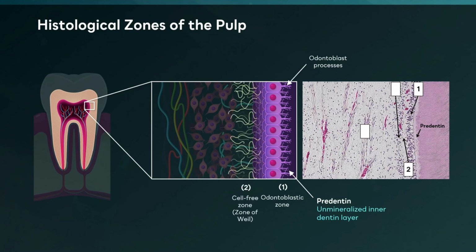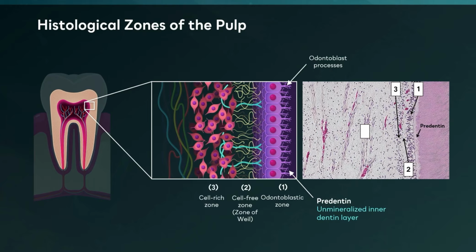Zone 2 is the cell-free zone, also known as the zone of Weil. This is a narrow zone that is actually relatively free of cell nuclei, as the name implies, and instead it is traversed by blood capillaries, unmyelinated nerve fibers, and cell processes.